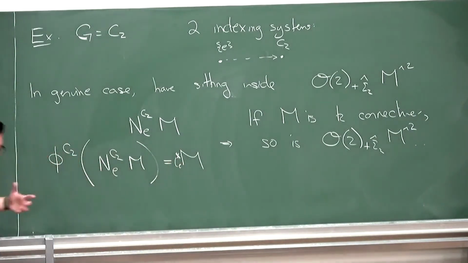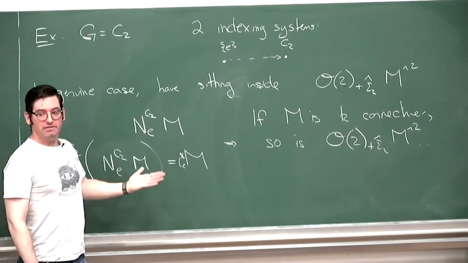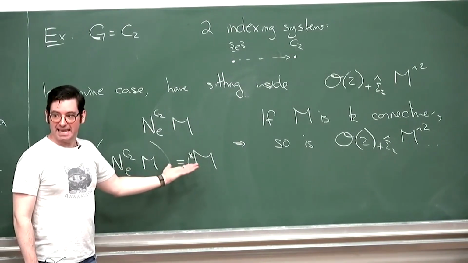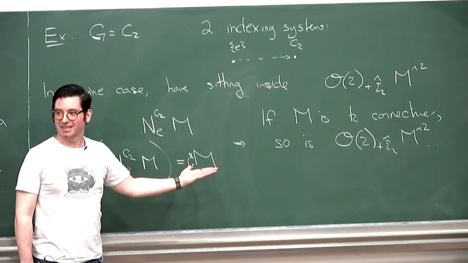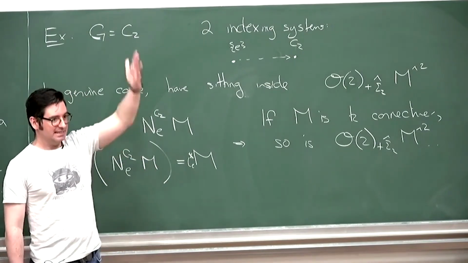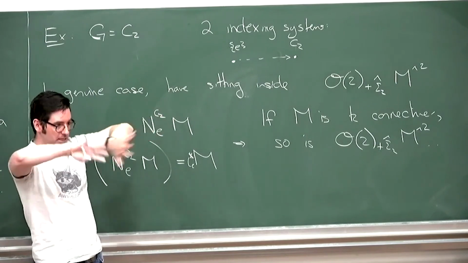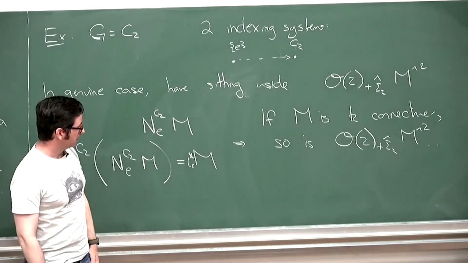Remember at the very start I talked about the Whitehead tower and how the connectivity of the products in the Whitehead tower grew in the expected way. This is saying that fails for the norms, that the connectivity of the norm of something is the same as the connectivity of that something, because the norm contains a weird skew diagonal copy of that something, and the rest of the stuff is kind of free away from that skew diagonal copy.